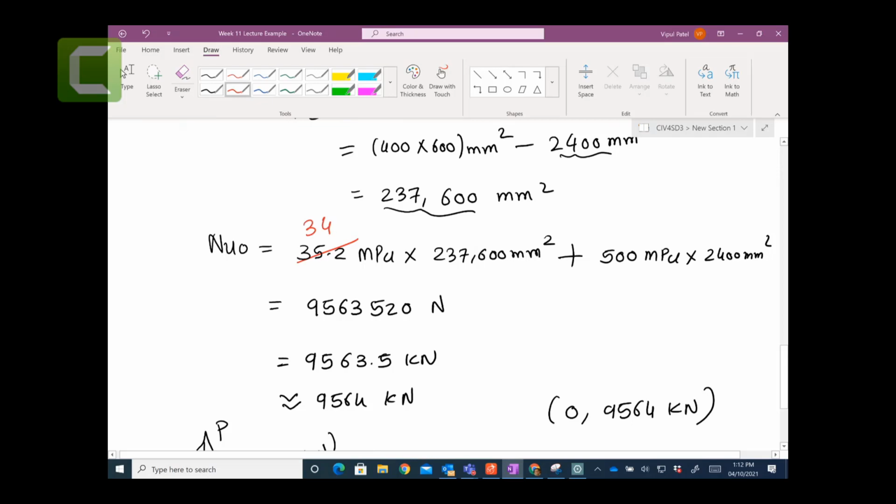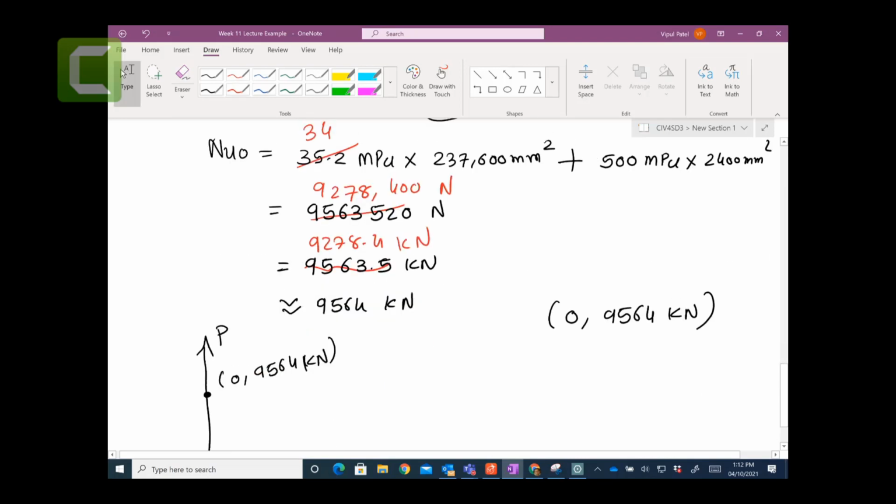So 34 times 237,600 plus 500 times 2400, making these corrections, you have 9,278,400 newtons, so 9278.4 kilonewtons. So you generally get 9278 kilonewtons.